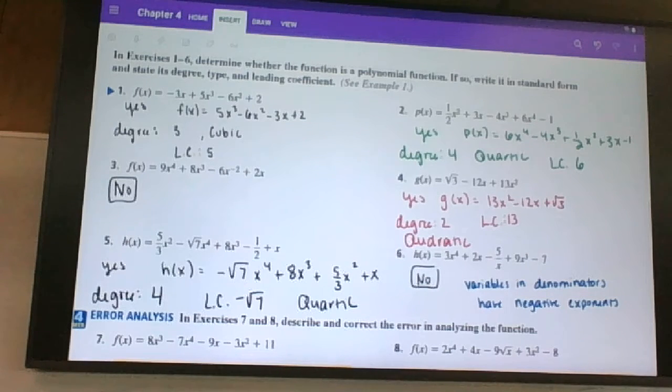Yeah, 4.25. Add them up. A lot of people got this.